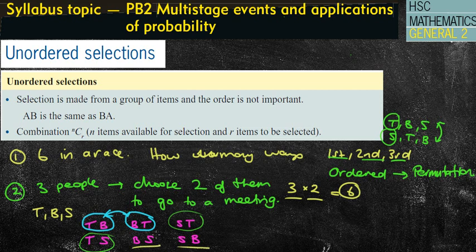So in all these cases, I've actually counted 3 of these situations doubled up, which means that if I wanted to look at how many different combinations I would have, I'd actually only have 3, because I wouldn't have 2 of Bill and Tom, I wouldn't have 2 of Tom and Sarah, and I wouldn't have 2 of Sarah and Bill. So in fact, I've only got 3 different combinations.